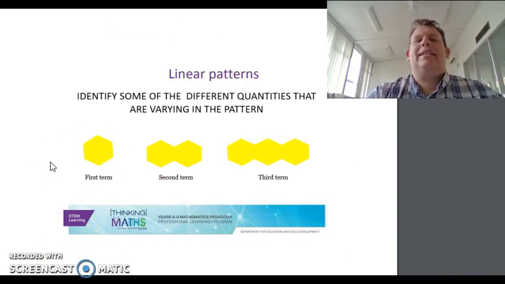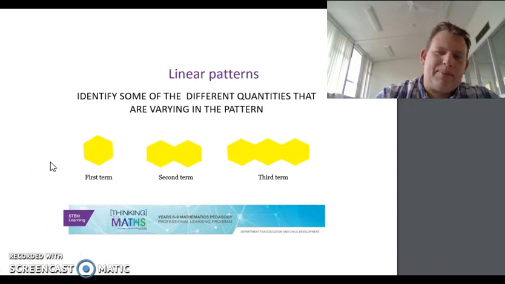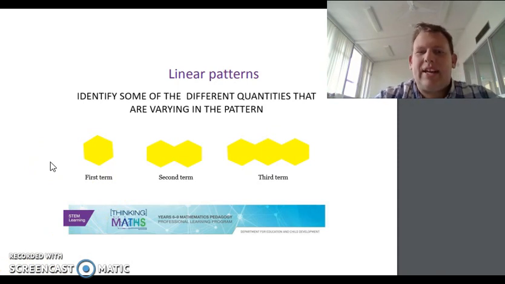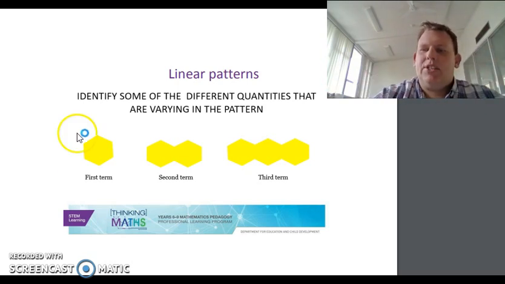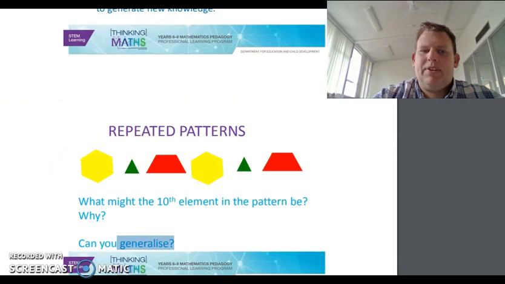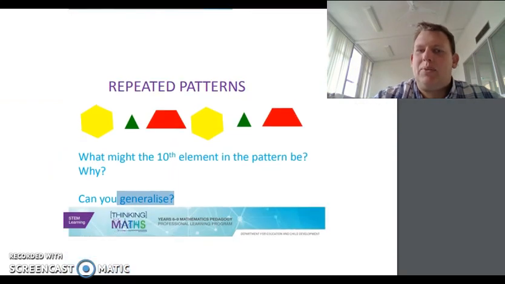Okay, linear patterns. Can you identify some of the different quantities that are varying in the pattern? So what do we mean by quantities? Quantities means amounts. If we look at our patterns down there, it has first term, second term, third term. Obviously we're not talking about terms as in first term of school, second term of school. We're talking about sections of the pattern. In our previous one, each section of the pattern was a single shape.